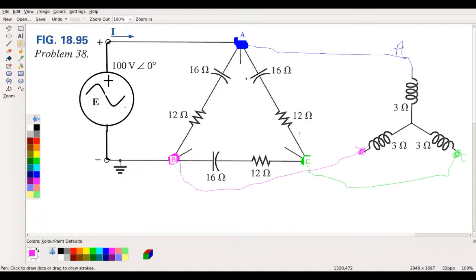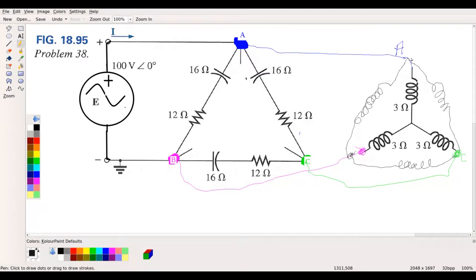What I'm going to do here is create a delta inductor circuit, like so.